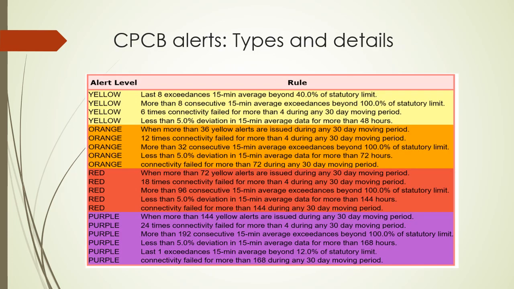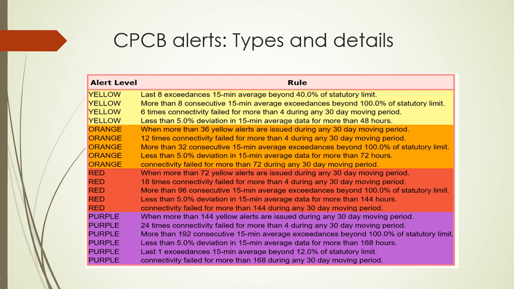Yeah, so coming to the CPCB alerts, types and details, there are 4 types of alerts: yellow category, orange, red, and purple. The criticality is such that as we move from yellow towards orange and then towards purple, the criticality of the non-compliance increases.